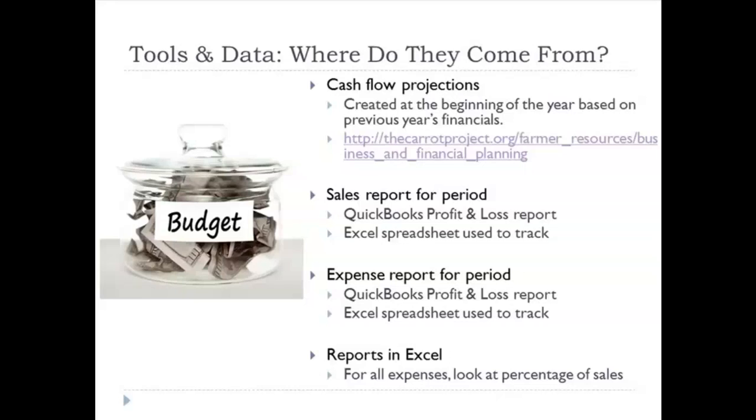Similarly, you want to get the expense report from either QuickBooks by running that same profit and loss statement, or by going to your Excel spreadsheet and totaling up all your expenses for that period. Now, no matter how you get those numbers, it's helpful to put them into Excel because it makes it easier to manipulate the numbers and especially look at them as a percentage of sales. And we'll get into that in the next slide, why that's important.